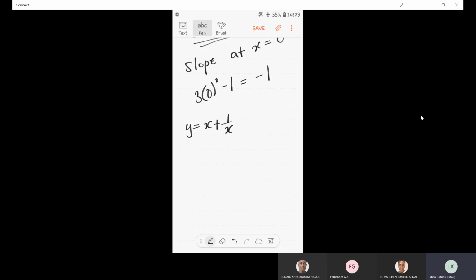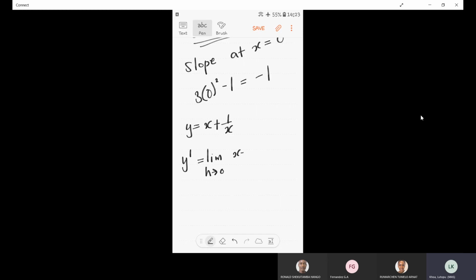So here, if I want to work out y prime, which is also equal to f prime of x, I'm working out the derivative. This is equal to the limit as h goes to 0. Then what I do is I will substitute x plus h over there. Then what I have is this.